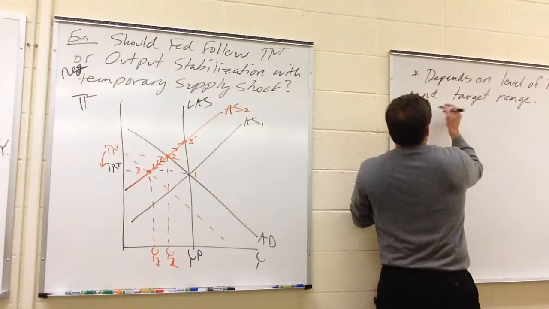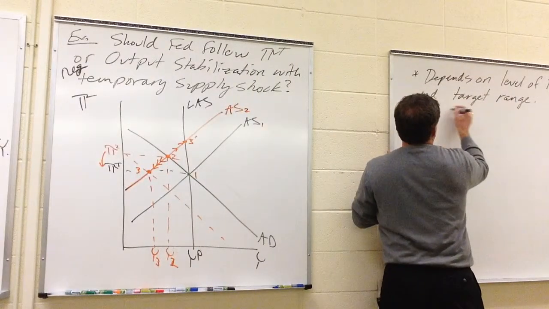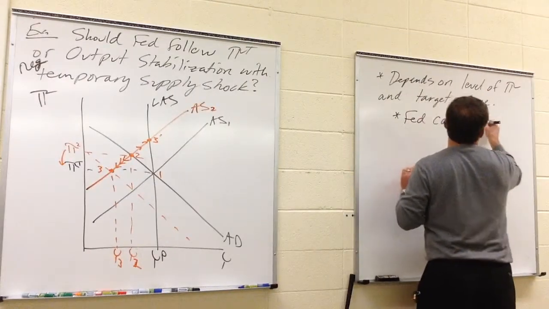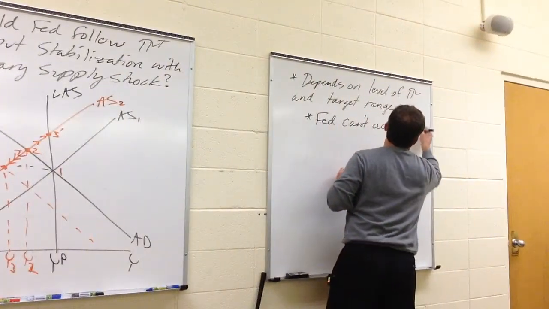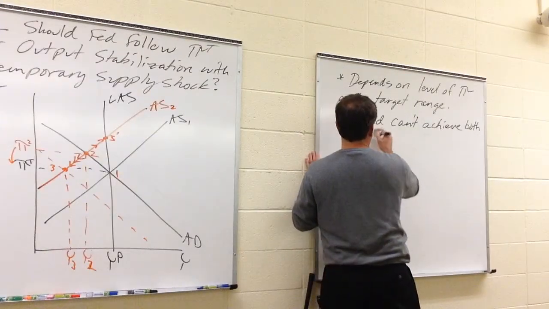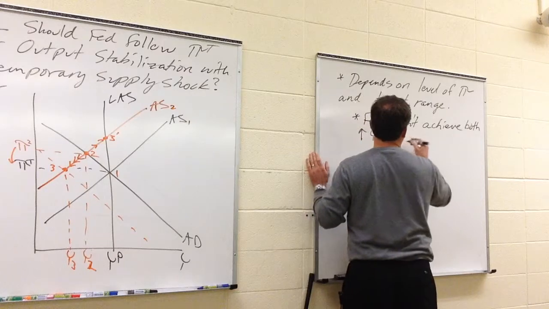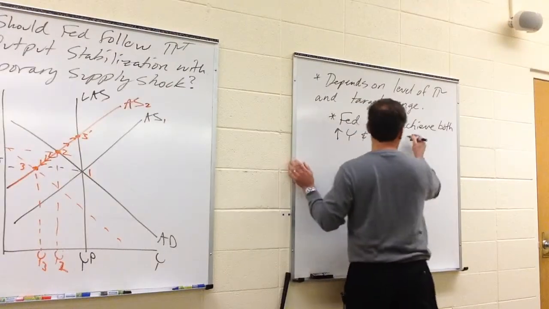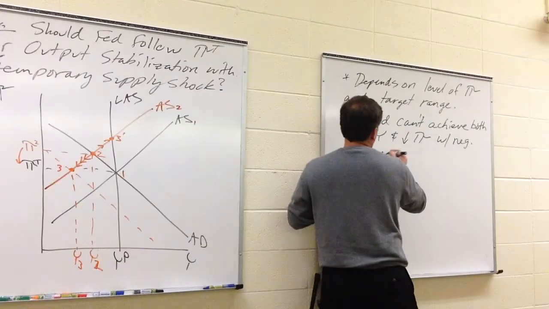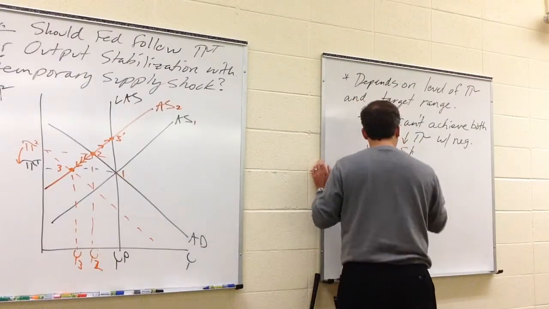So it depends. The Fed can't achieve both an increase in output and a decrease in inflation with a negative temporary supply shock.